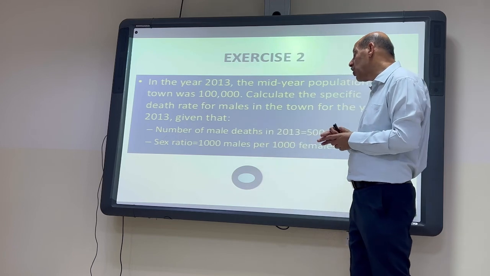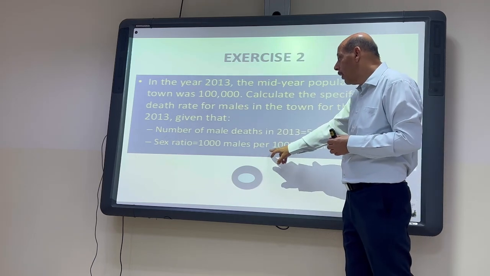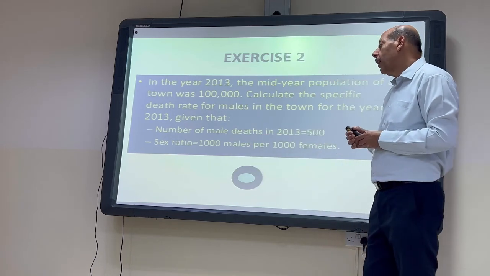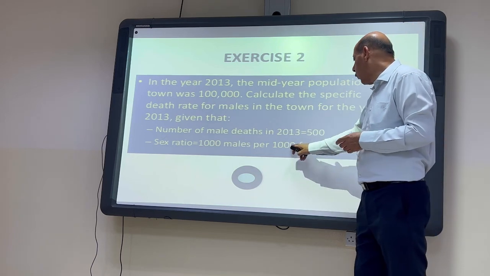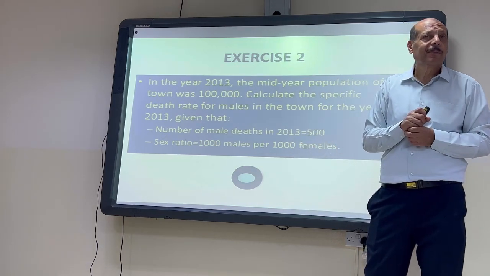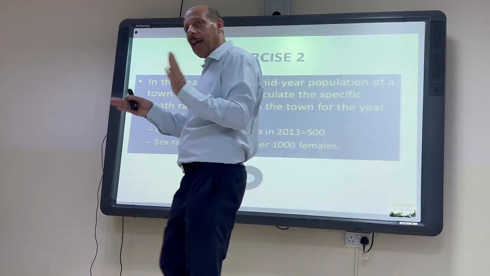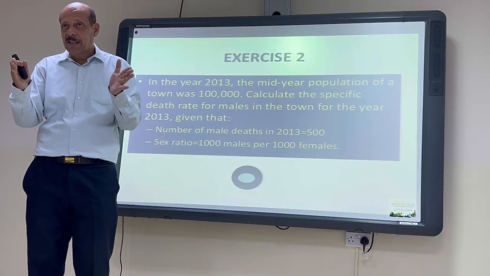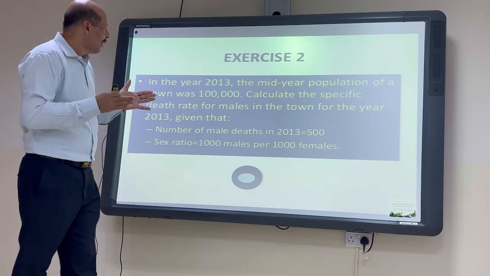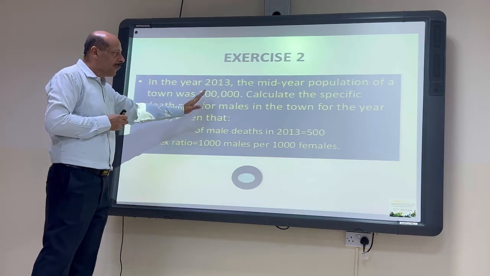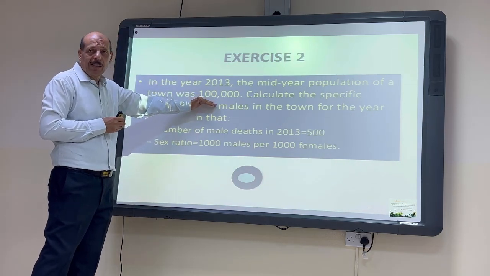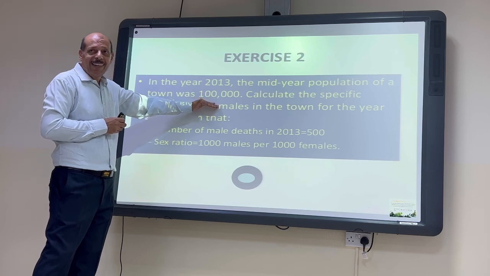So sex ratio, 1,000 male per 1,000 female. It means that the number of females and males are equal. So the number of females in this community is how many? 1,000.